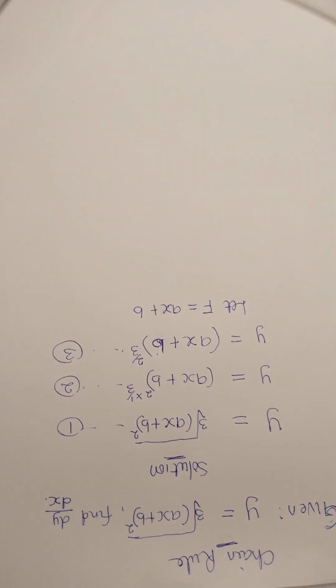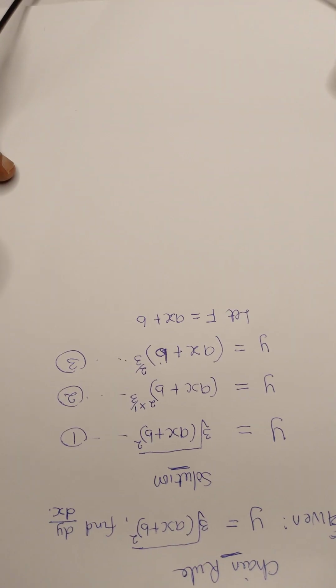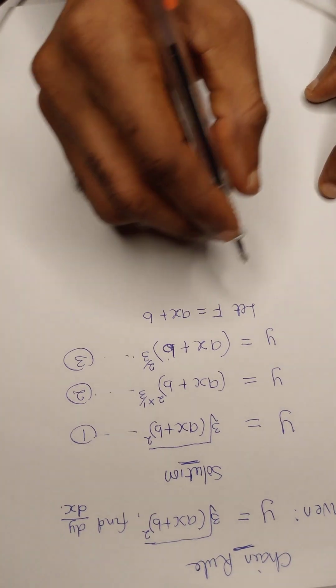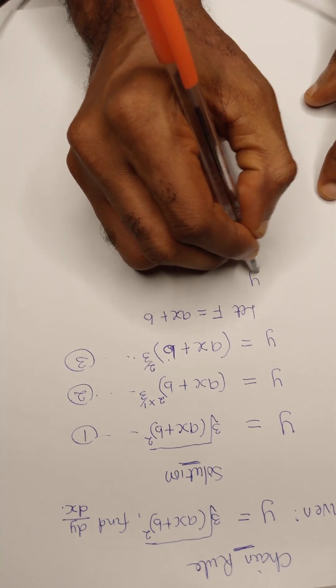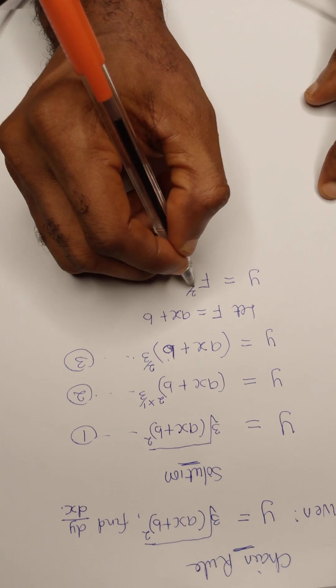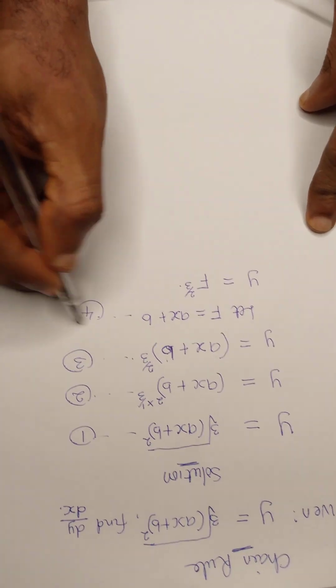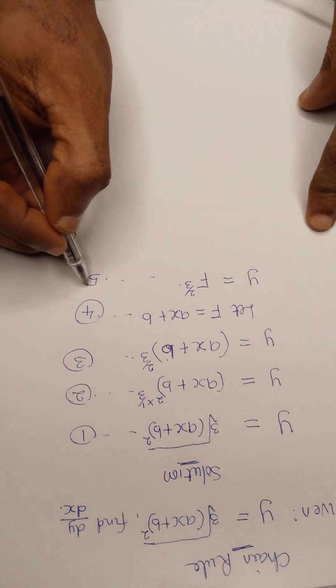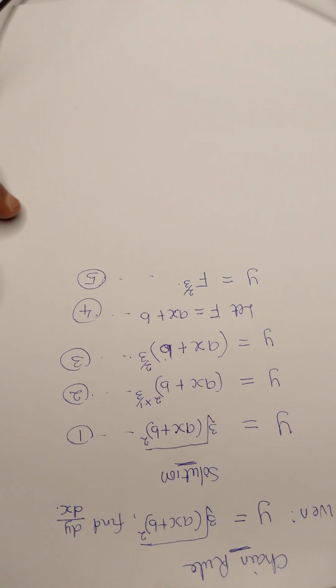So if we let f equal ax plus b in equation 3, it means y will be equal to f raised to the power 2 over 3. We can call this equation 4, and we call this equation 5. So we have been able to establish that.